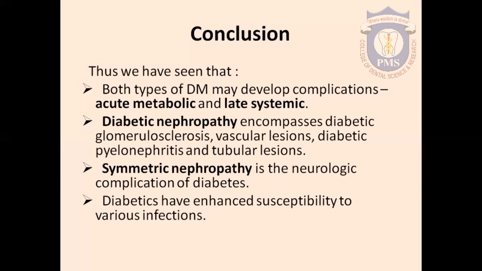Thus, we have seen that both types of diabetes mellitus may develop complications, acute metabolic and late systemic. Diabetic nephropathy encompasses diabetic glomerulosclerosis, vascular lesions, diabetic pyelonephritis, and tubular lesions.